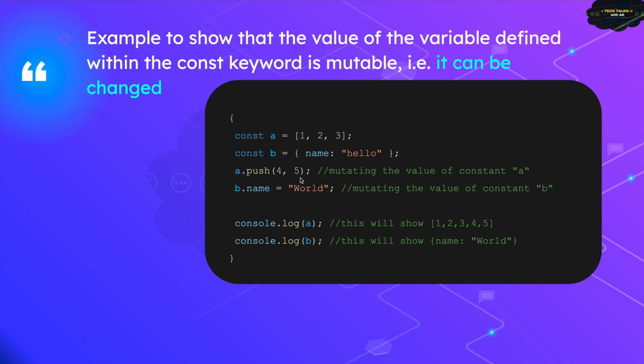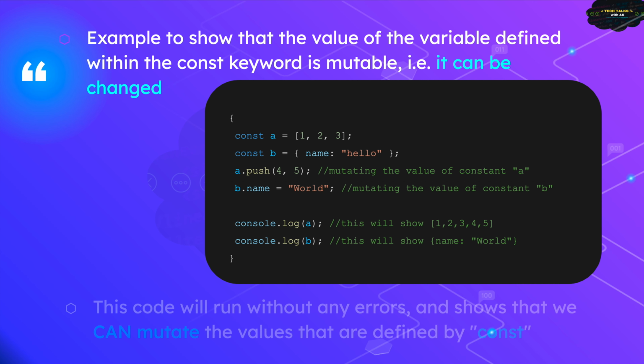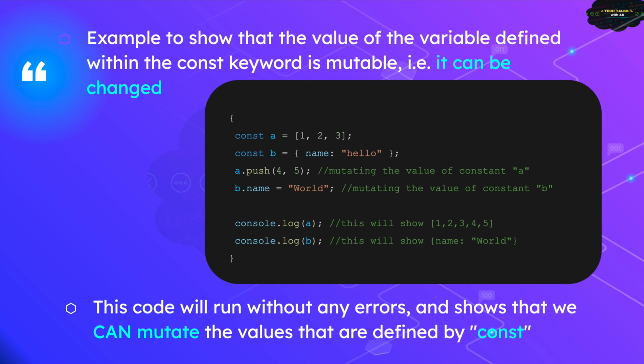We are adding two more elements to the array. If we say b dot name is equal to world, we are mutating the value of constant b. If we now console log both a and b, a will print 1 2 3 4 5 and b will print name world. This code will run without any errors and shows that we can mutate the values that are defined by const.